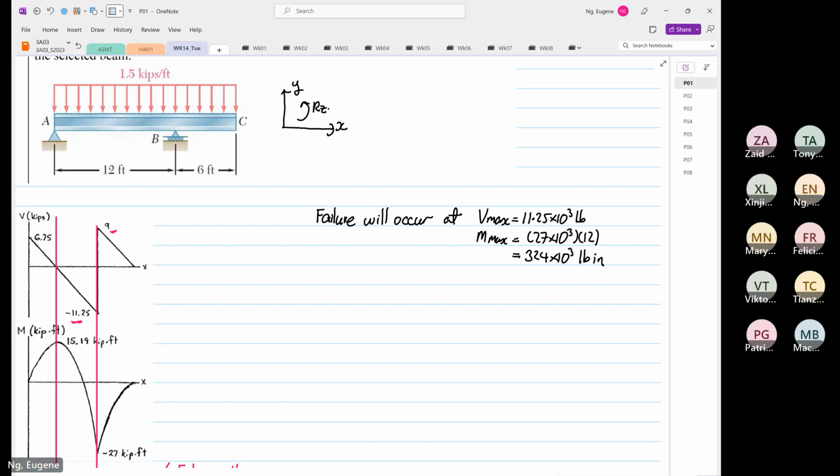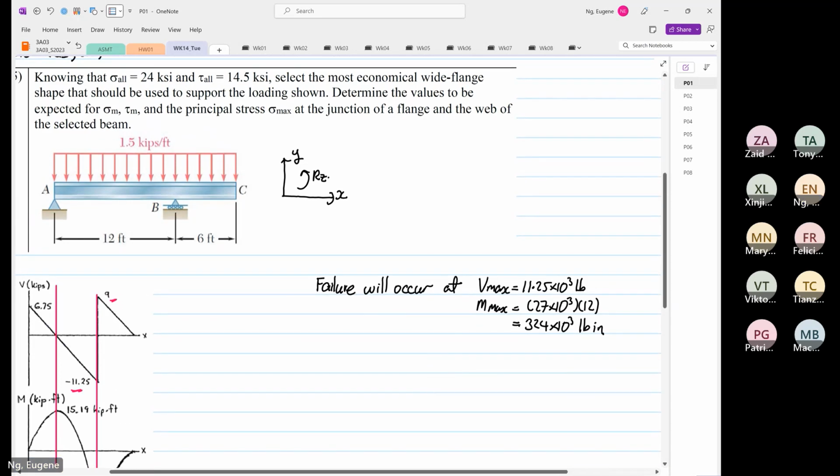Now we are going to calculate our stress that we see in our beam. Okay, so now we know that stress allowable is equal to 24.